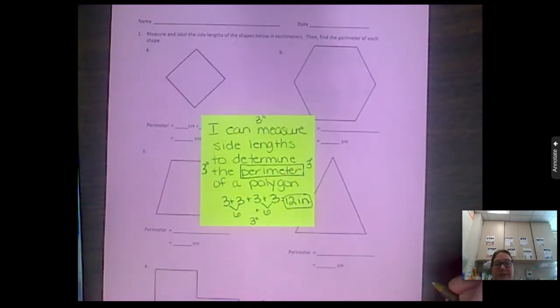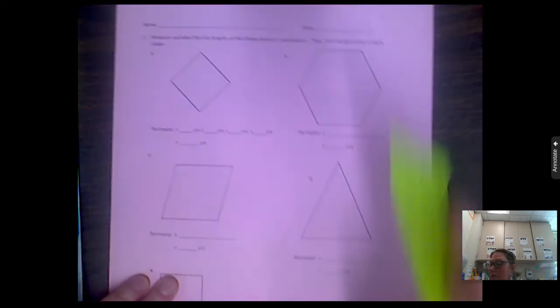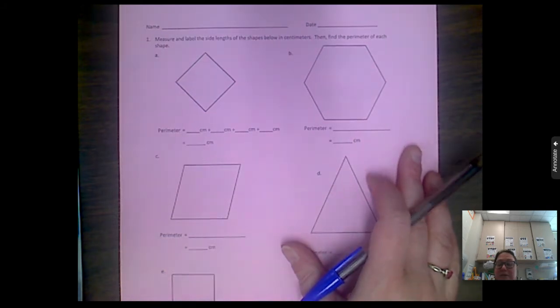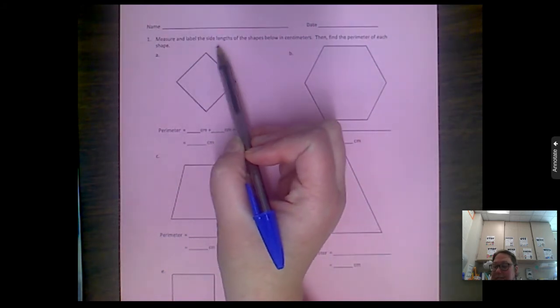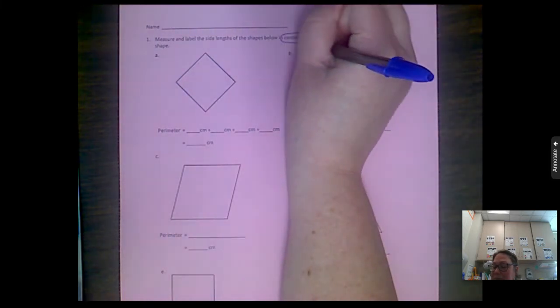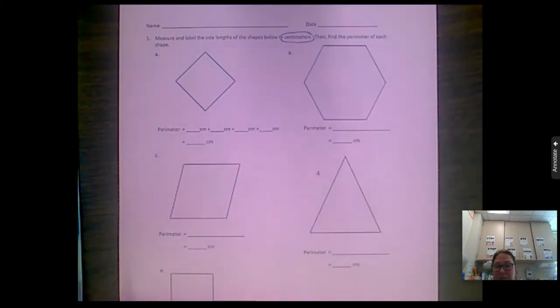So that's what we're going to be doing in our lesson today. So we can try a few together, and then if you want to finish the front on your own, you could even do that. But just stick with me for a couple, okay? And then you can pause and finish up. So name and date on your paper, of course. The directions say to measure and label the side lengths of the shapes below in centimeters. So we were measuring our sticky note in inches.